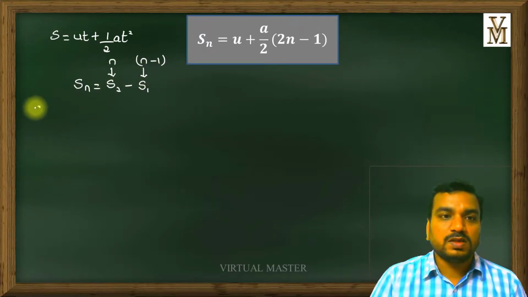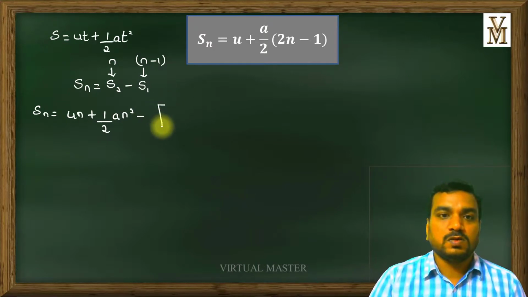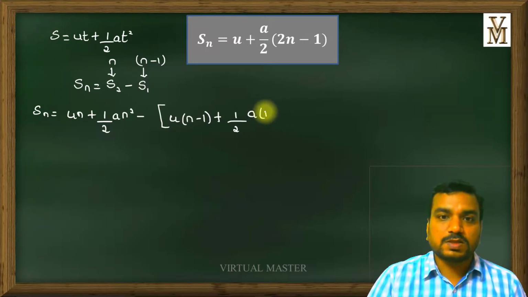Okay, so Sn will be equal to, first, what will be S2? S2 will be equal to un plus half an square, minus, what will be S1? u into, I have to replace t by n minus 1, so u into n minus 1 plus half of a into n minus 1 whole square.